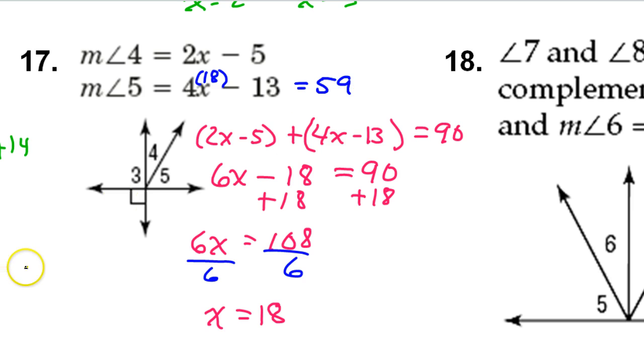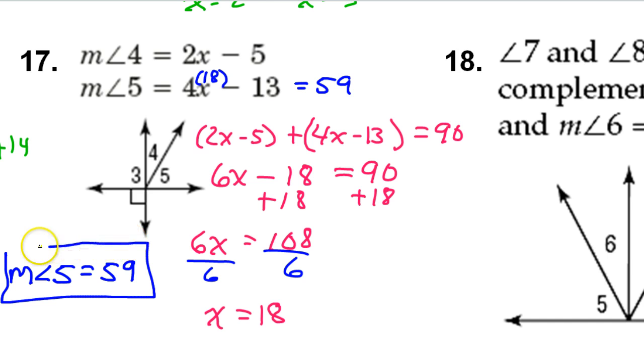So that tells me that the measure of angle 5 is 59. So far, so good. Now, what if I plugged in my 18 right here? 2 times 18 is 36. 36 minus 5 is 31. So that's the measure of angle 4.